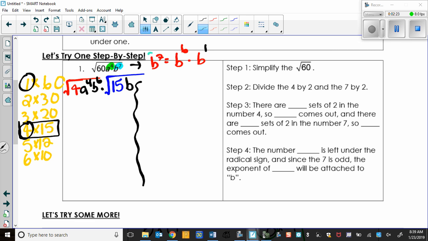Alright, so now what I'm going to do is just simplify everything that's inside my left radical. Square root of 4 is 2. The square root of a to the 4th power, you're probably like, okay, how do I do this? Really, there is a 2 sitting out there in the radical because it's the square root. And I'm going to take the 4 and divide that by 2.